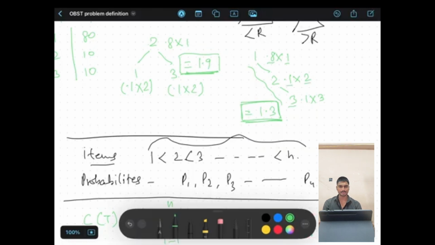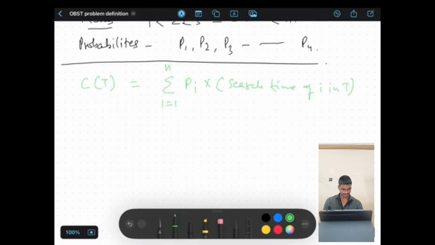We can also say the cost of T is the summation from i equals 1 to n of p of i times the depth of i plus 1.